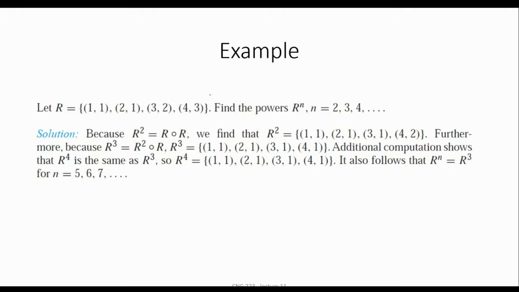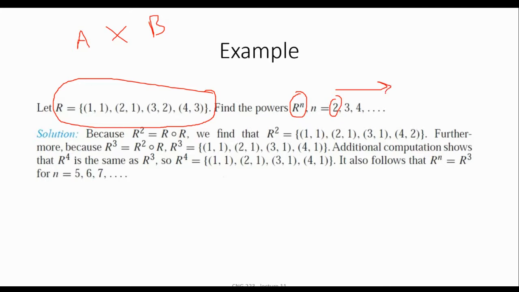So if I consider R as this one, and we don't care, for example, what A exactly was, what B was, or what subset of A multiply B it is. We are just talking about this relation. It's already defined for us. So if we have this relation, find the powers R^n starting from 2 going to infinity.